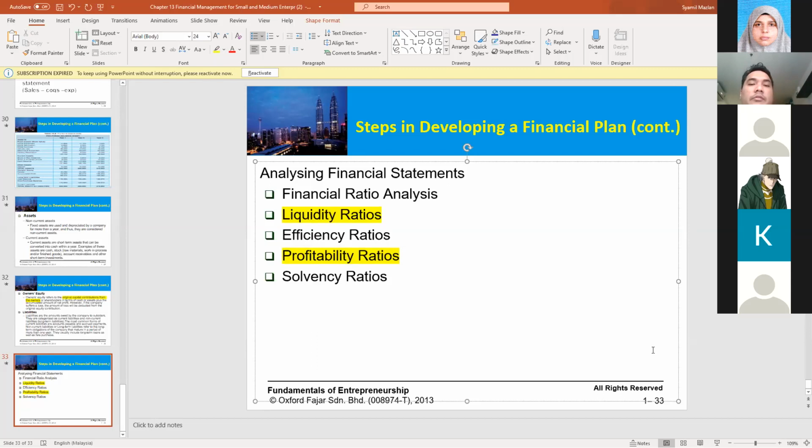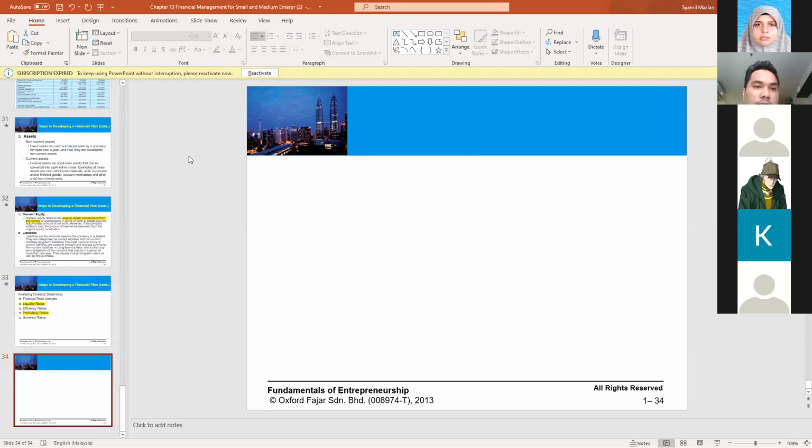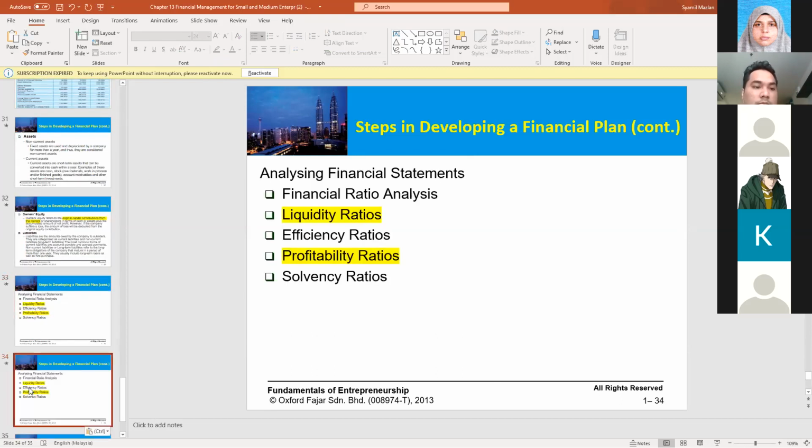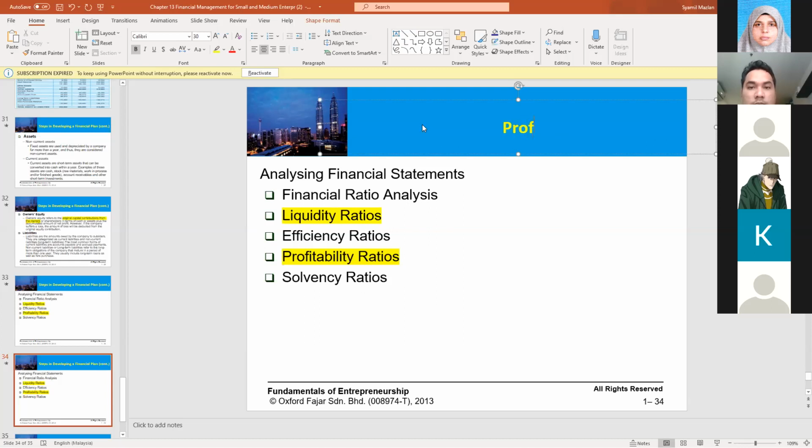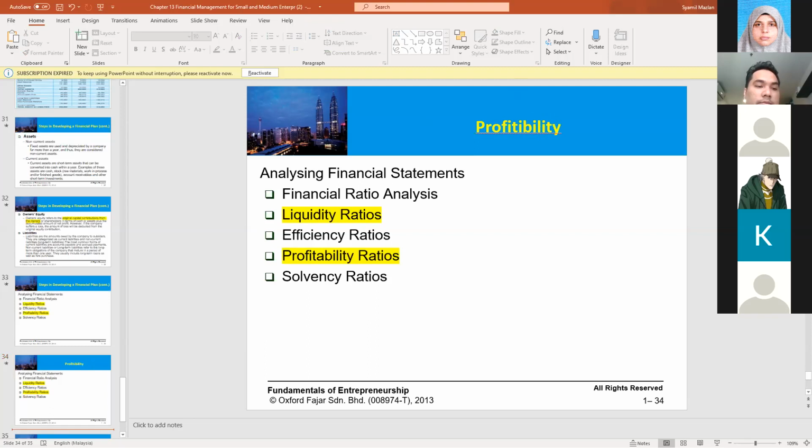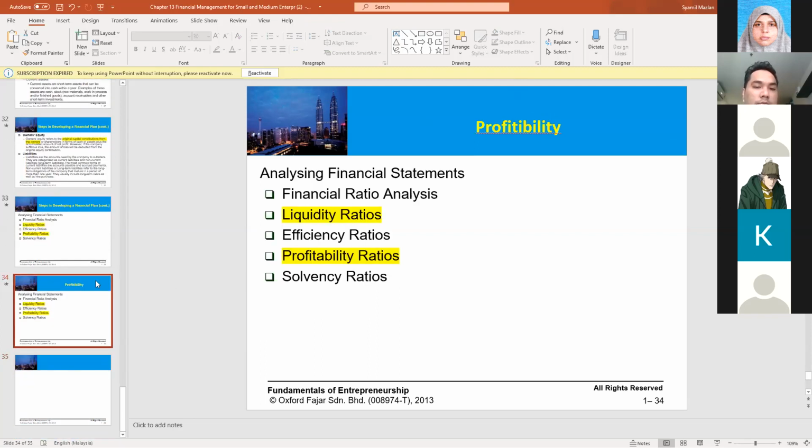For analyzing the financial statement, actually I have 5 ratios, but I want to focus on only 2. What we call profitability, and then the second is liquidity.